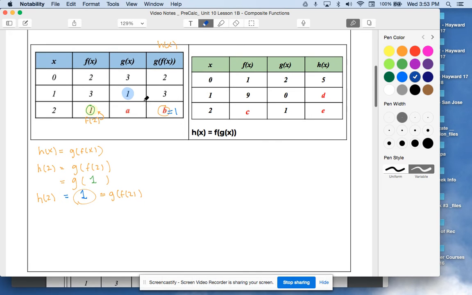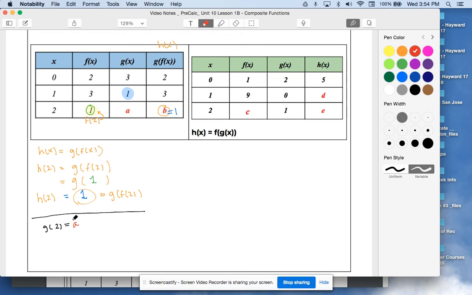Now let's do something a little more complicated, which is a. All right, so here, this one's a little bit different because we want to figure out what is g of 2, right? So to figure out a, it's going to be g of 2 equals a.